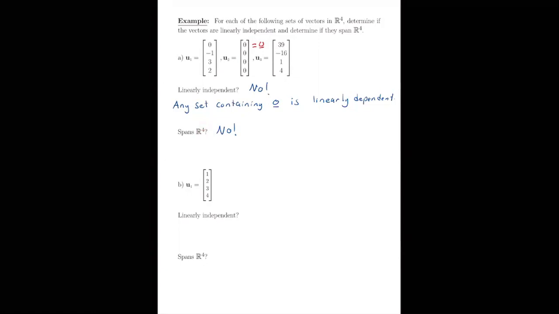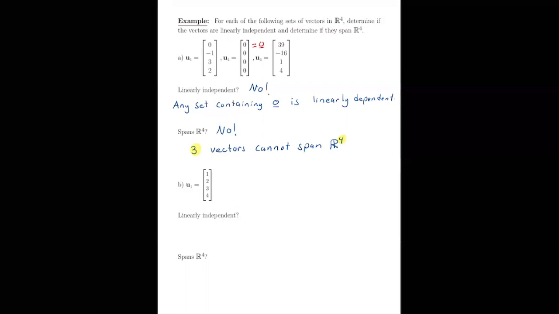So you need at least 4 vectors to span R4. If you have fewer than 4 vectors, they can't span R4.